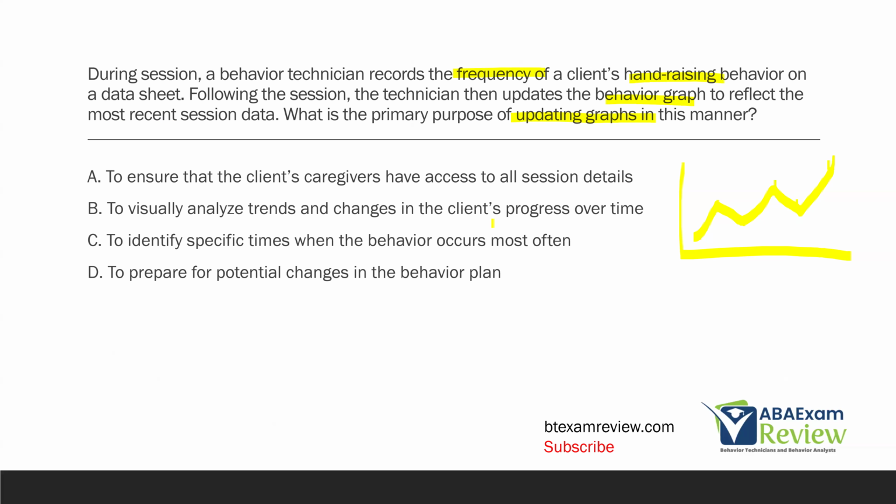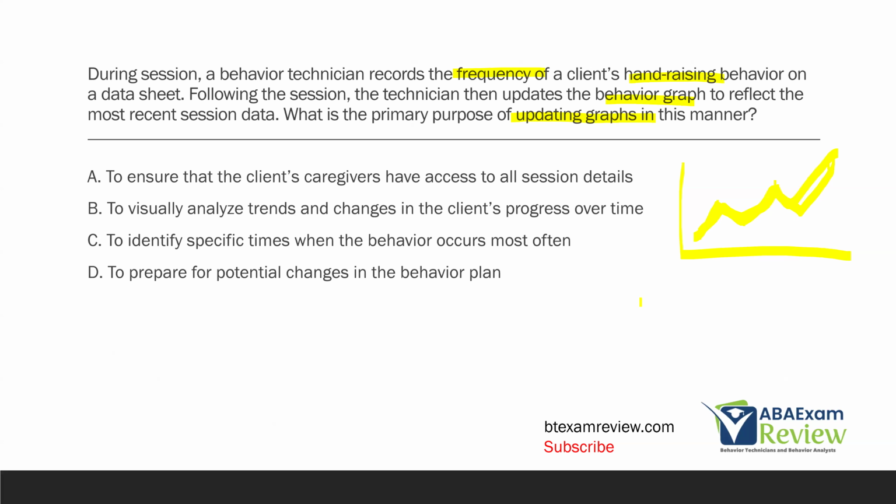B, to visually analyze trends and changes in the client's progress over time. Yes, if we look at this graph, this appears to be a steady upwards trend. We can quickly analyze the graph and determine that trend. Graphs are great for visual analysis because we can look at them quickly and start to make decisions about what is happening with the behavior.